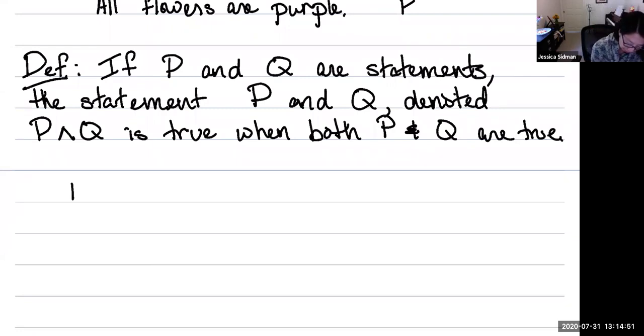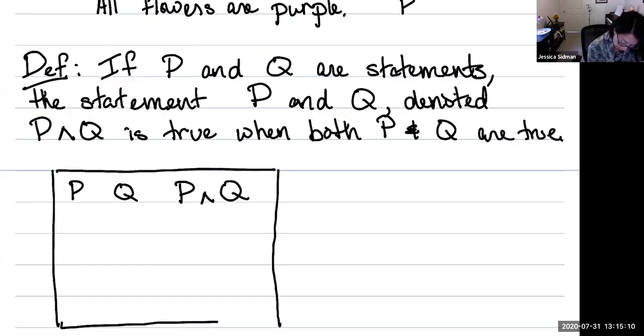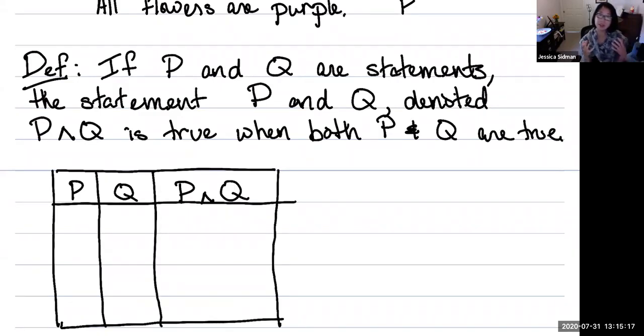The truth table would have one column for P, one column for Q, and one column for the new statement P and Q. Then what I want to do on the left is have all combinations, all possibilities for the truth or falseness of the two statements P and Q individually.